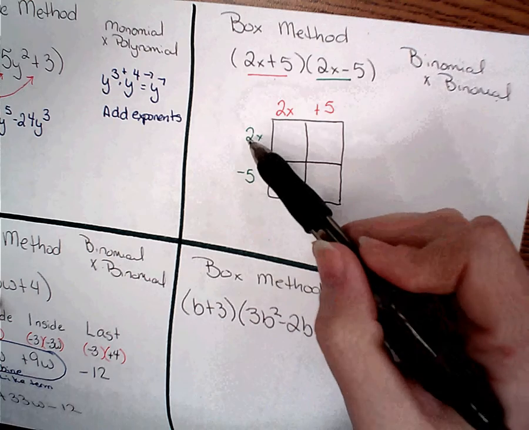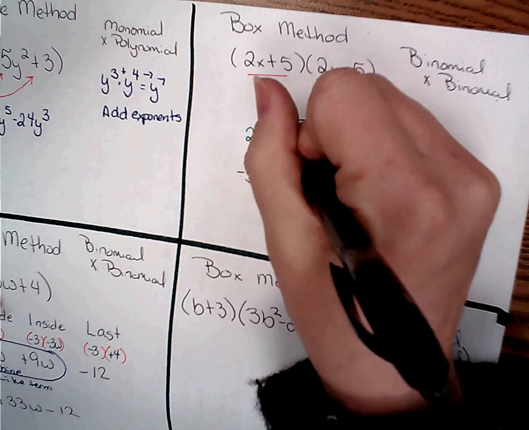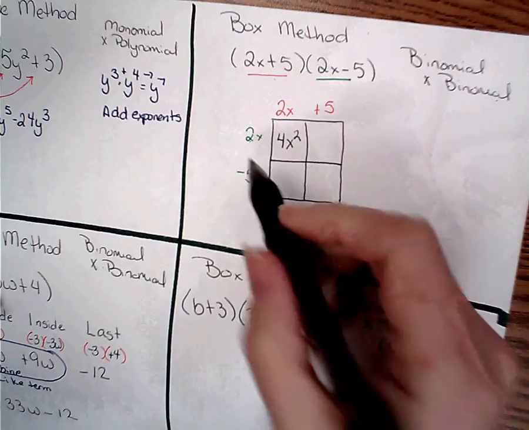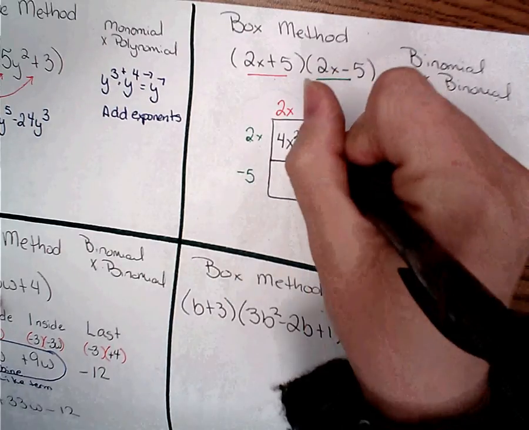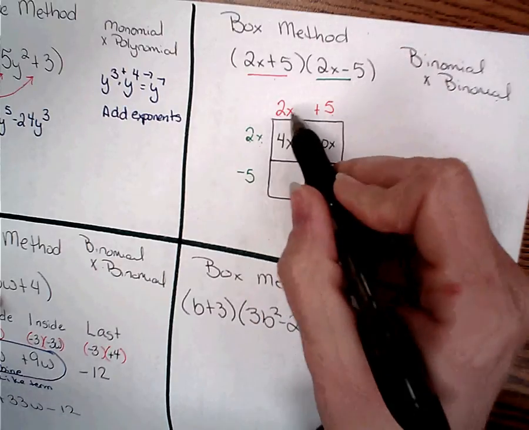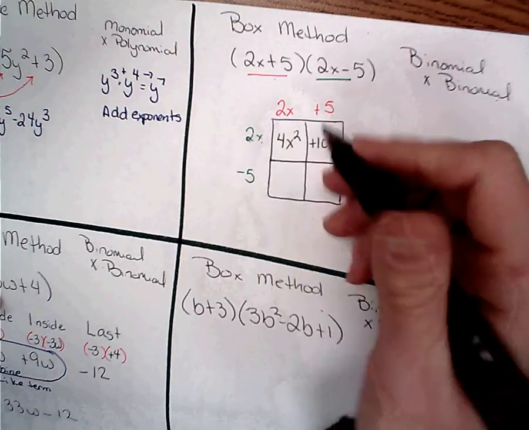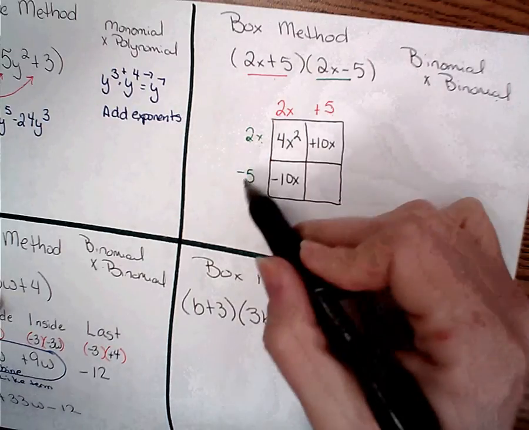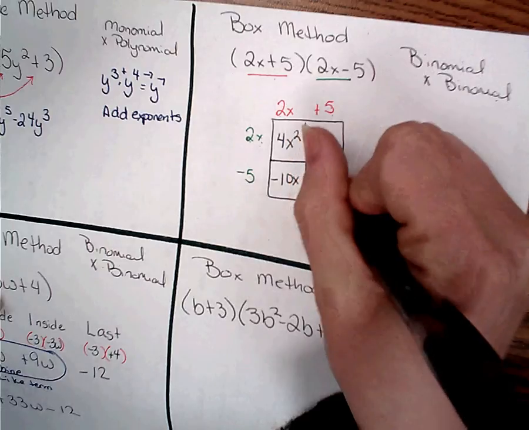It looks like the multiplication tables we used to do when we were little. So 2 times 2 gives us 4. X times x gives us x squared. 2 times 5 gives us a positive 10. Don't forget your x. 2x times negative 5 gives us negative 10x. 5 times negative 5 gives us negative 25.